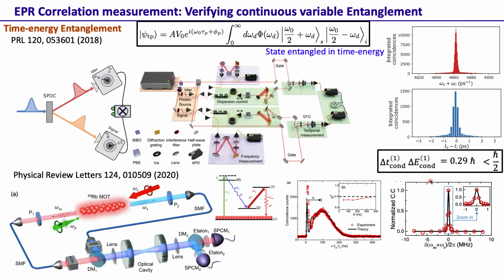So this way we find the uncertainty in time and uncertainty in frequency or energy, and when we put them together, the conditional uncertainty in arrival time and the conditional uncertainty in energy in this experiment was 0.063 h bar. So this one was definitely much better than this one.